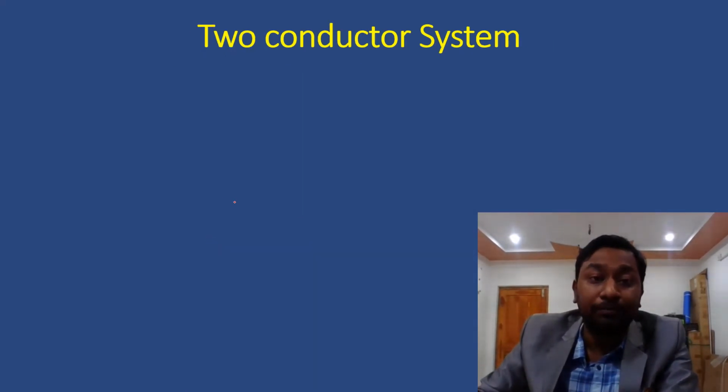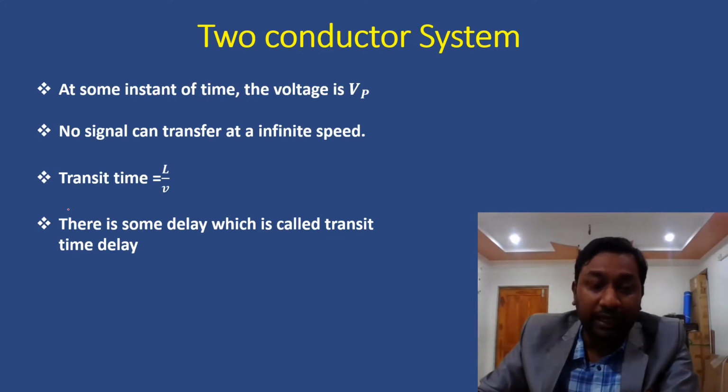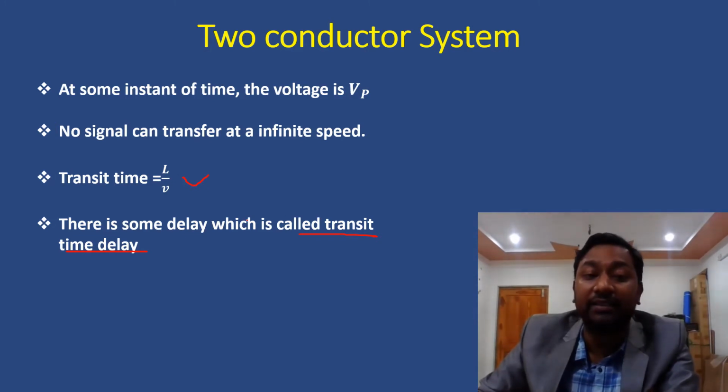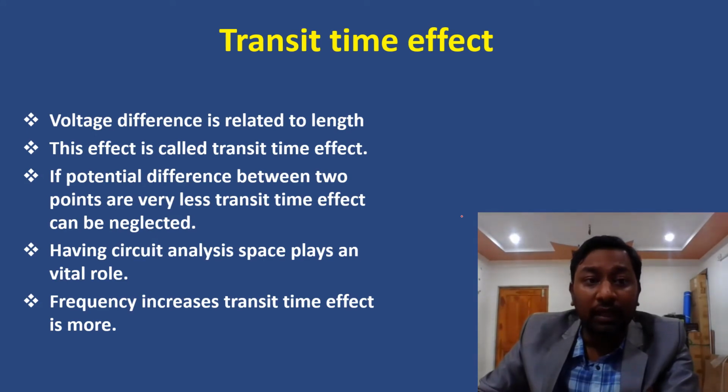Transit time we can calculate as length divided by velocity, and that delay is called transit time delay. So if frequency increases, the transit time effect will increase.